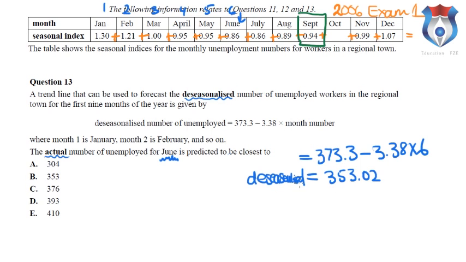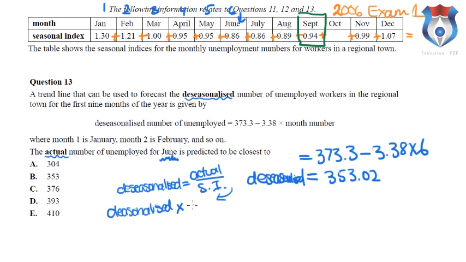Now to convert a deseasonalized to an actual, which I'm actually trying to find, I use the formula deseasonalized equals the actual divided by the seasonal index. Now I'm trying to find the actual, so I need to get the actual by itself with actual equals something. So if I'm trying to get the actual by itself, on one side of the equals, I'm going to times this seasonal index away. Because the operation here, it's been divided, I just do the opposite. I times it over here and I get deseasonalized times the seasonal index equals the actual.